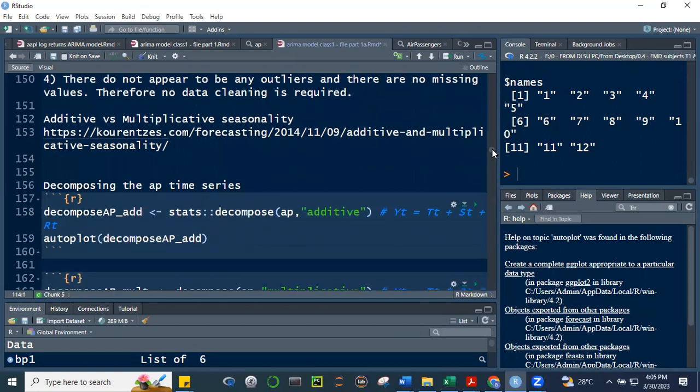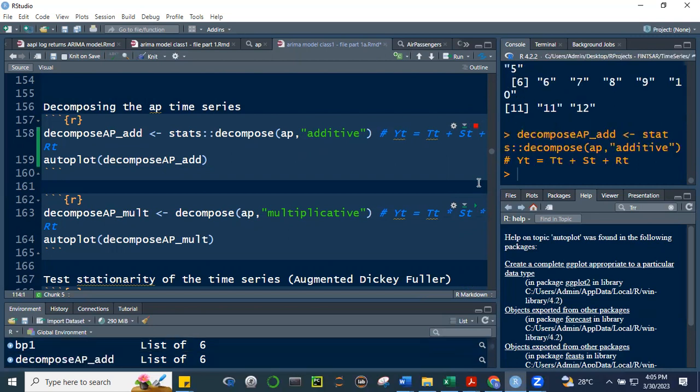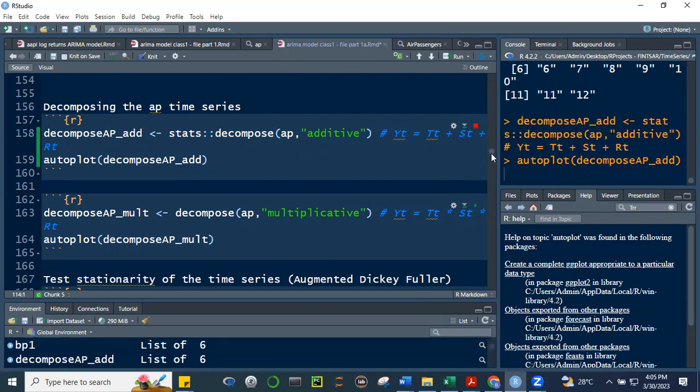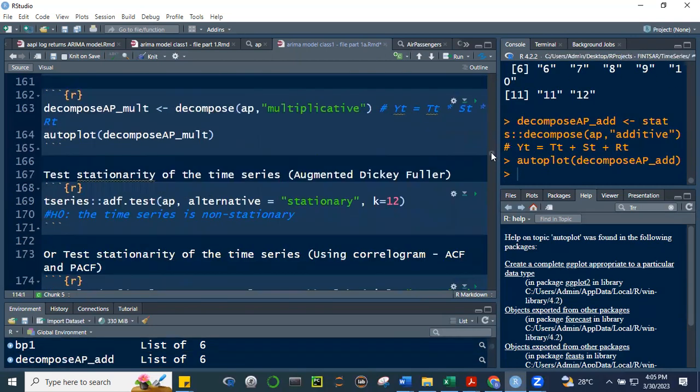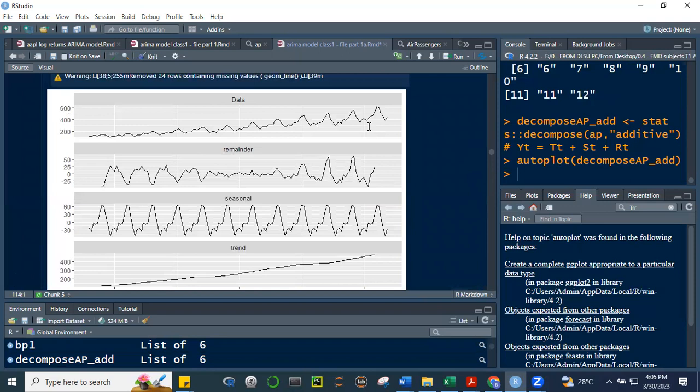Okay? So, we can decompose our data set. And it will show us here yung decomposition niya. Yan. Ito yung data natin. Then in-extract, may seasonality siya.